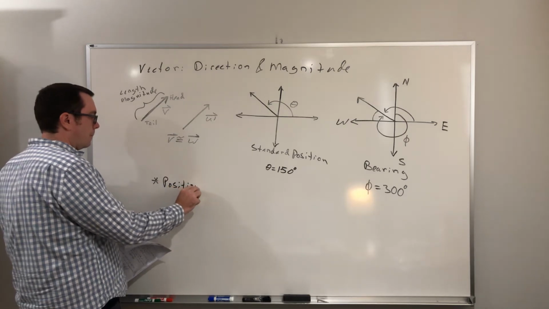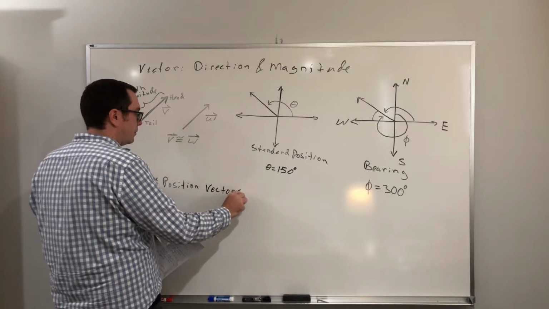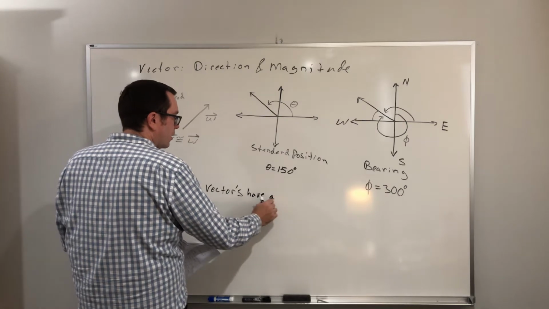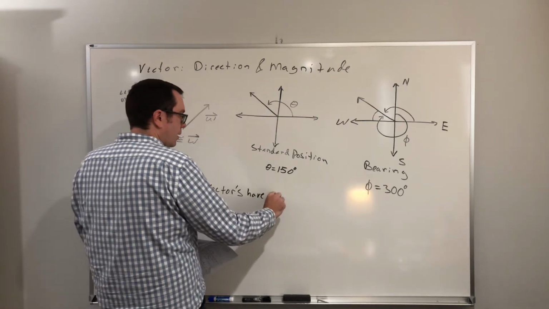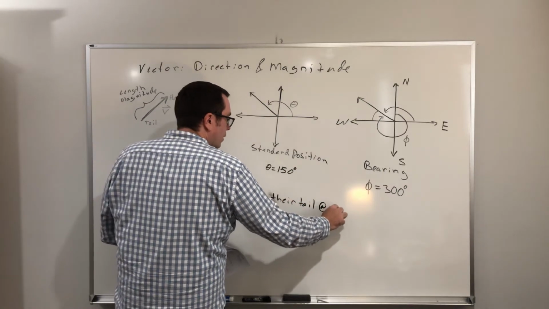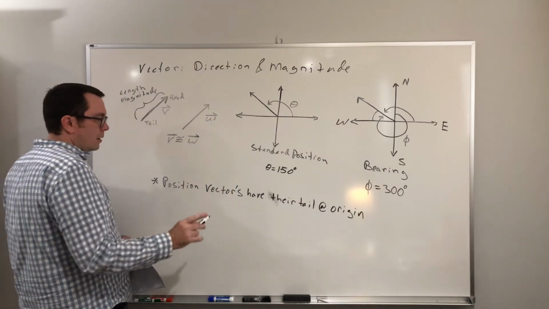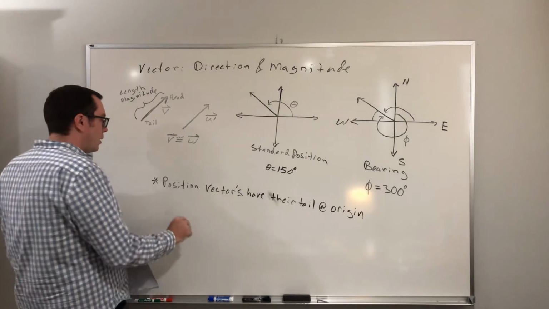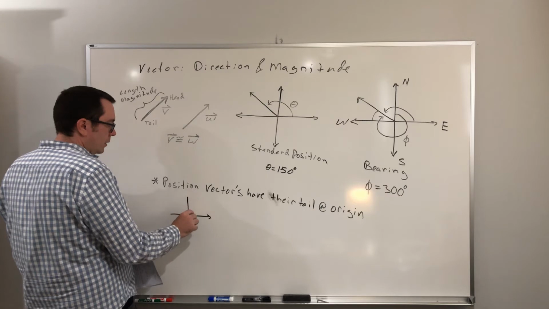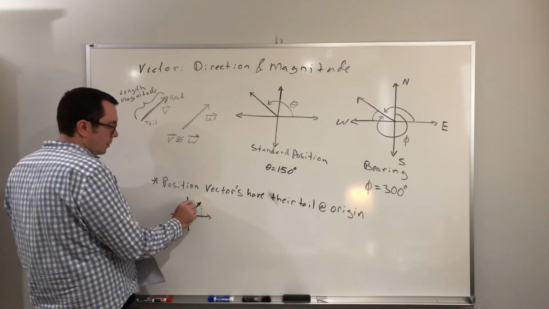Position vectors have their tail at the origin, and the head is the position. So if a vector starts at 0, 0, and the head goes here, that point is one and the same.